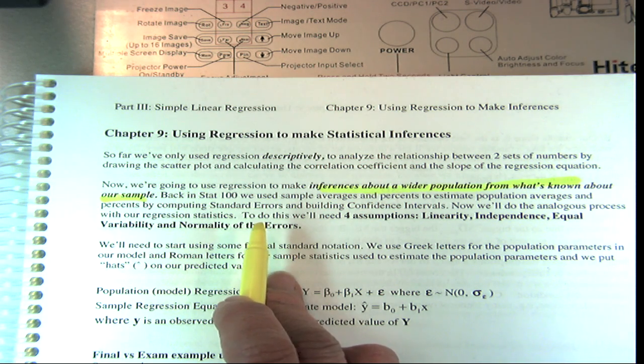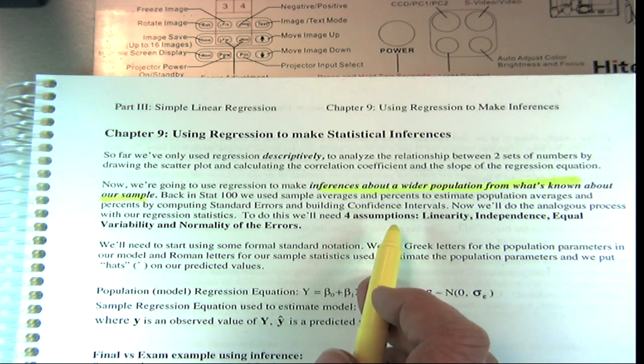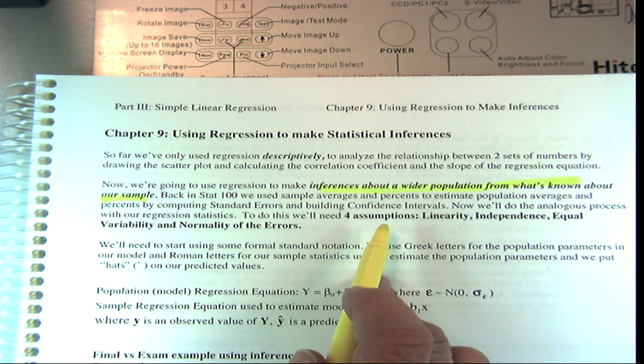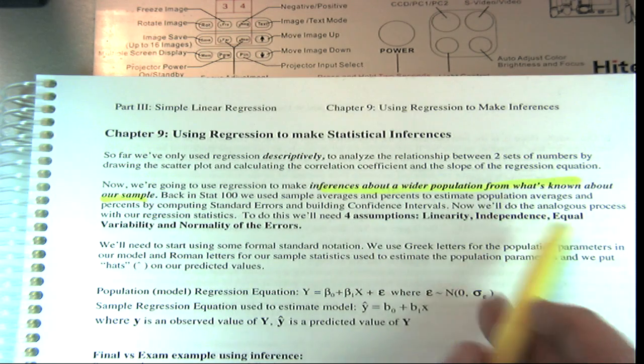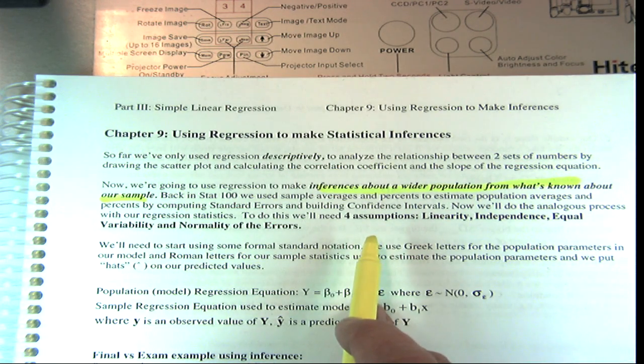We built confidence intervals by computing standard errors and then using the normal curve or the t-curves to compute confidence intervals. For the mean, we use the t-curve. For the percent, we always use the z, the normal curve. All right, now we're going to do the analogous process with our regression statistics.